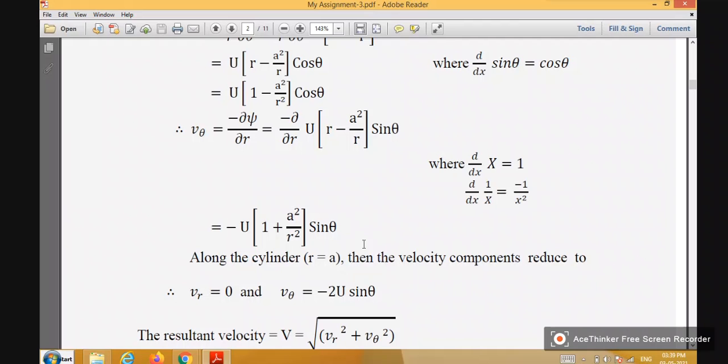When I was explaining last time, I told that R is missing here. Did I not tell you that? By typing mistake. One minute, I will tell you.